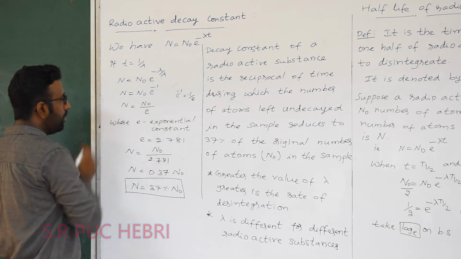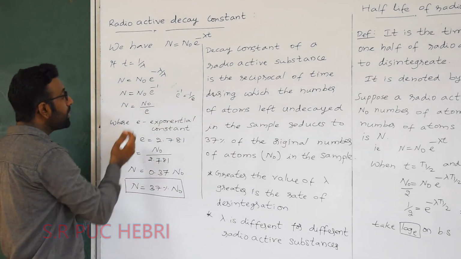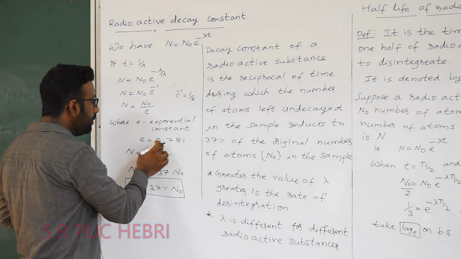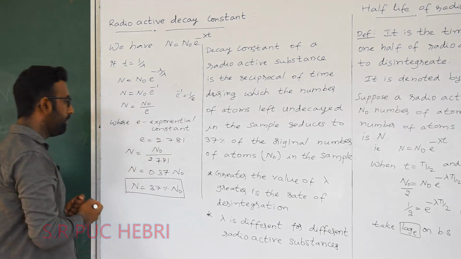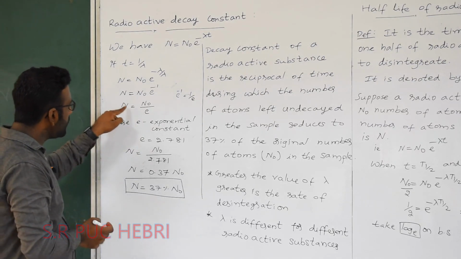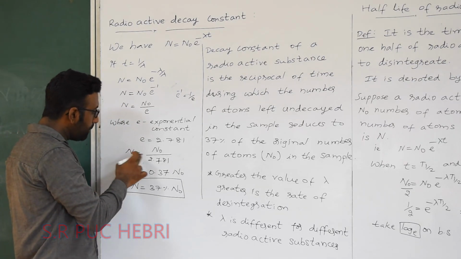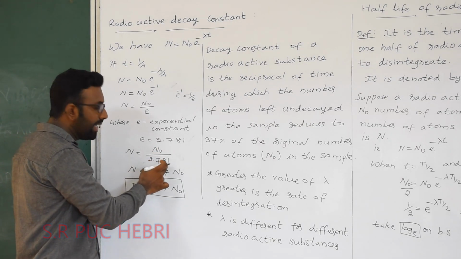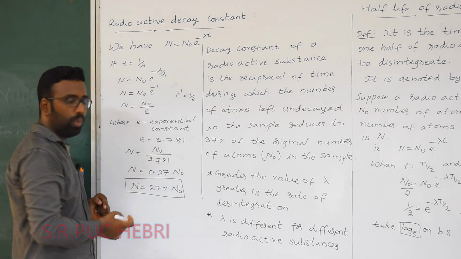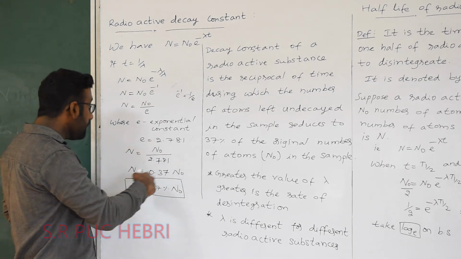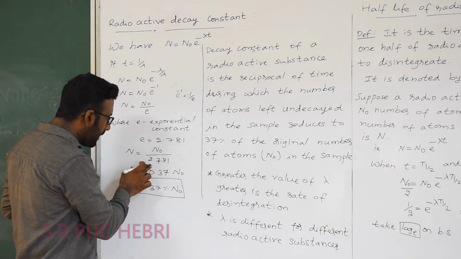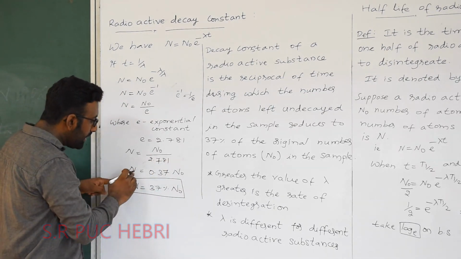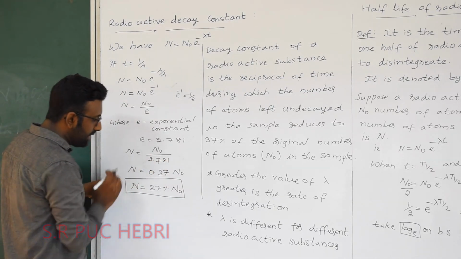So we will write e over here. What is e here? e is an exponential constant, which has the value 2.718. Now we substitute this value of e over here. Then I can write N is equal to N naught divided by 2.718. When we divide 1 by 2.718, what we get is 0.37.